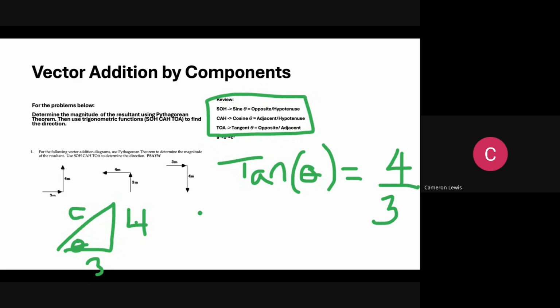Now, to find out what theta is, I have to do something called taking the inverse operation. What does that mean? I need to take the inverse tangent of each side. So it's going to be tan^-1 of this, and tan^-1 of this ratio.